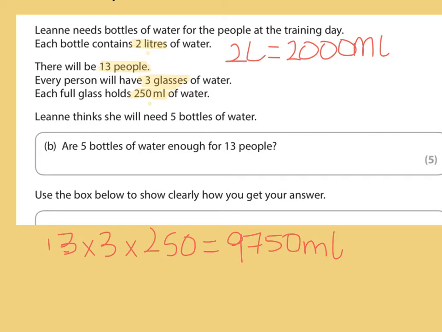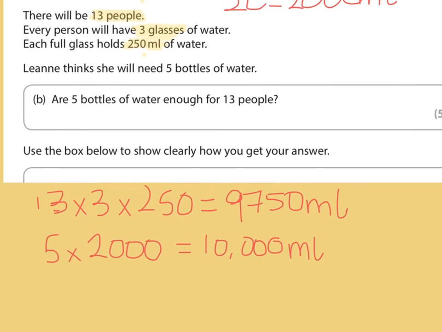Leanne thinks 5 bottles of water are enough. Well, 5 bottles, and each bottle is 2 litres, which I've already figured out is 2,000 millilitres. 5 bottles actually contains 10,000 millilitres.